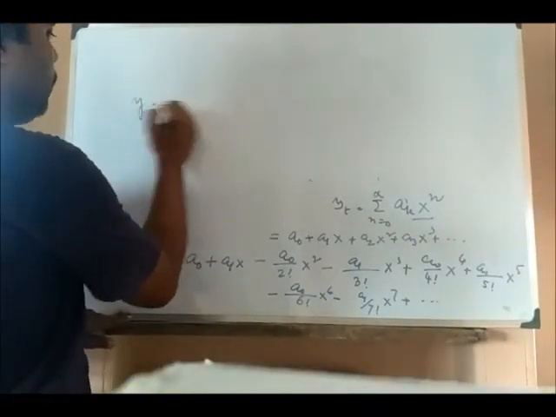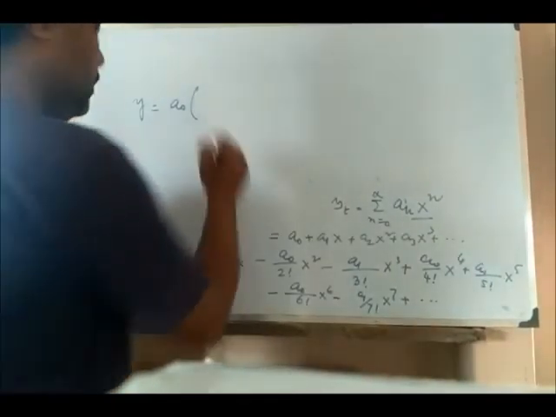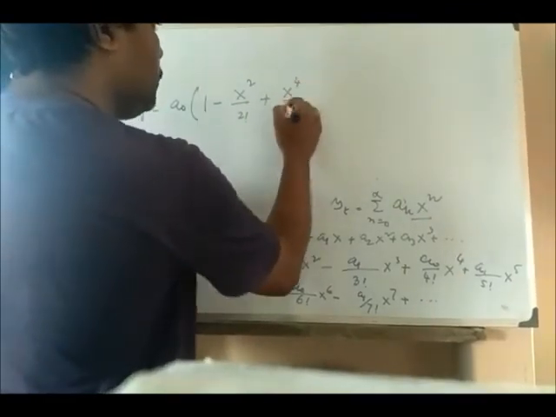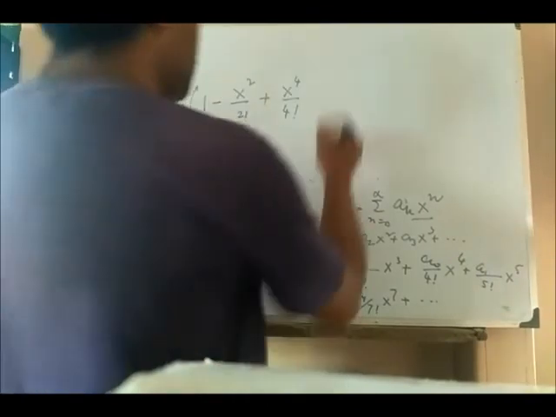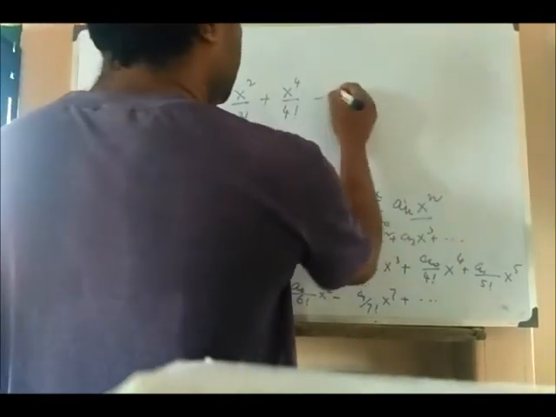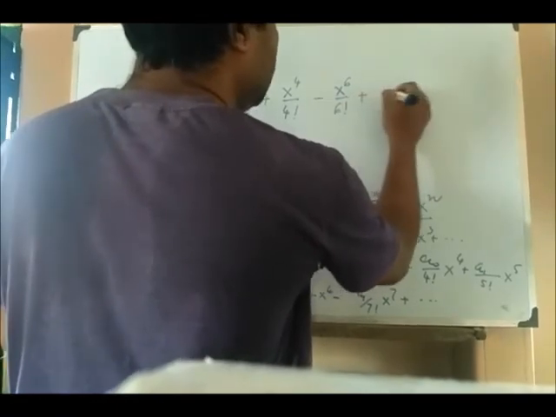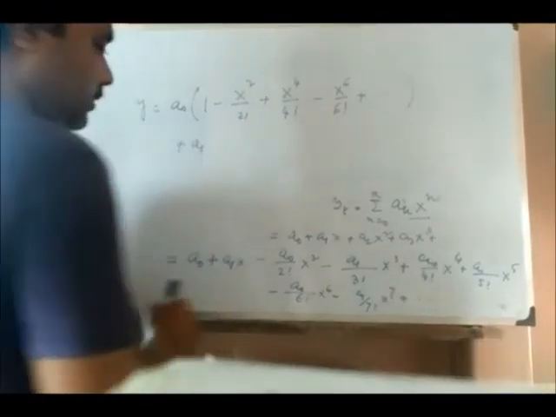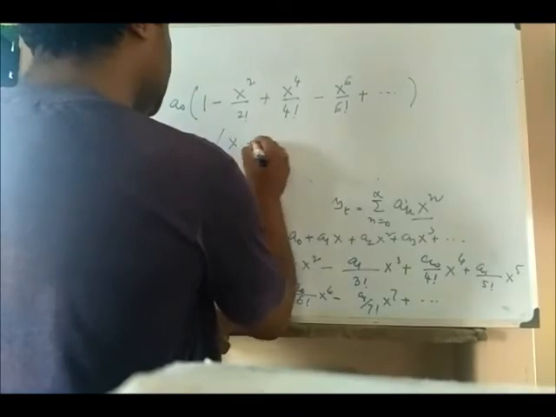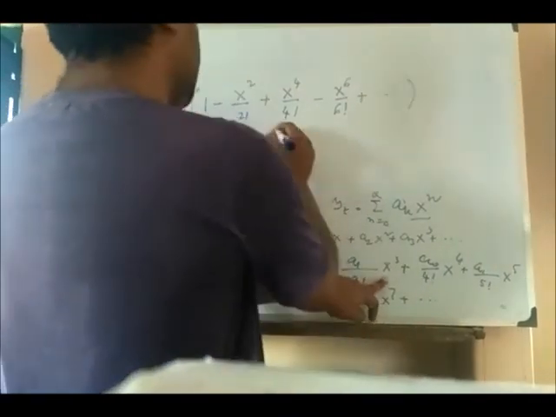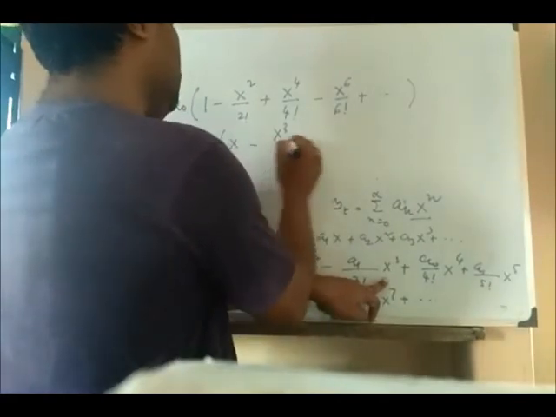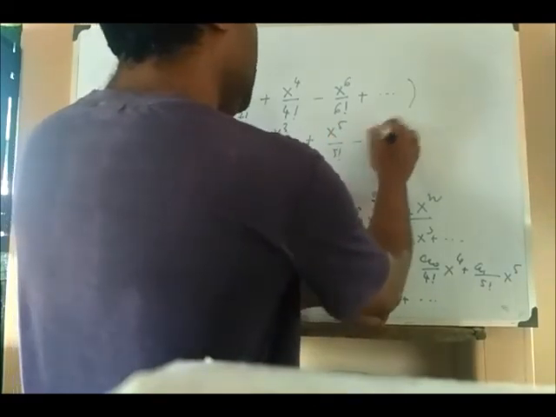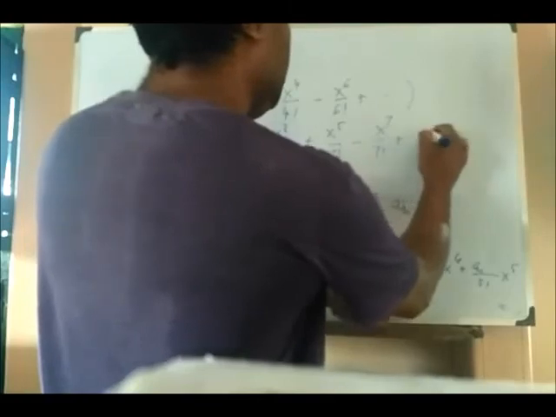We will get y as a0 times 1 minus x squared by factorial 2 plus x to the power 4 by factorial 4 minus x to the power 6 by factorial 6, plus a1 times x minus x cubed by factorial 3 plus x to the power 5 by factorial 5 minus x to the power 7 by factorial 7 plus so on.